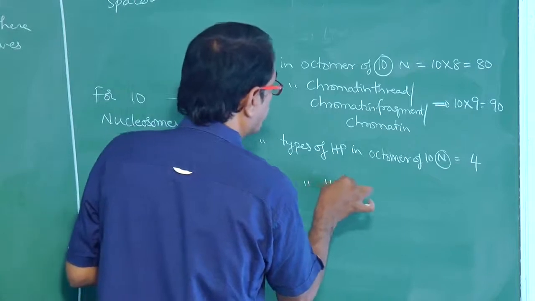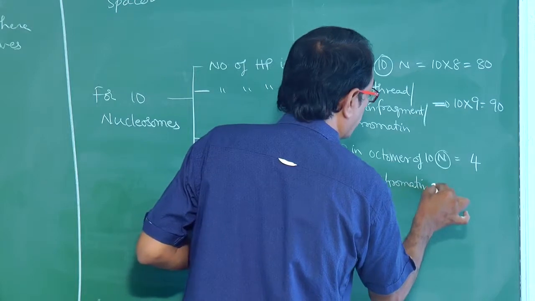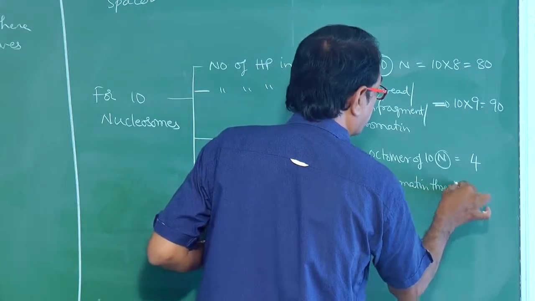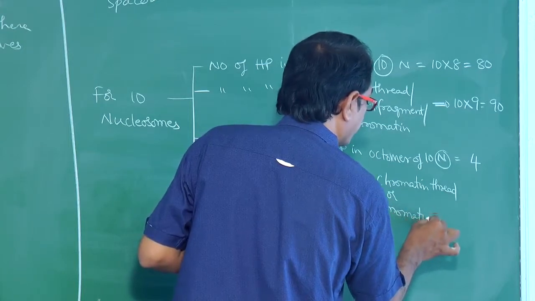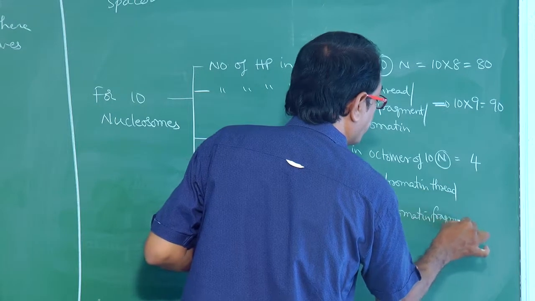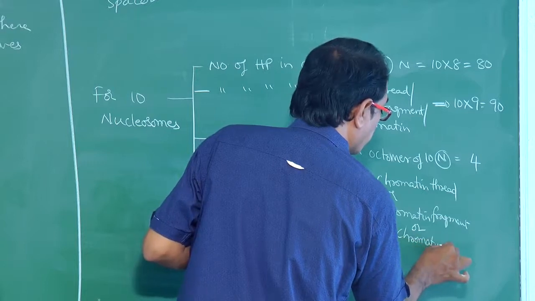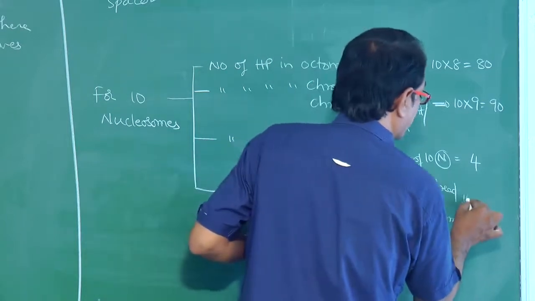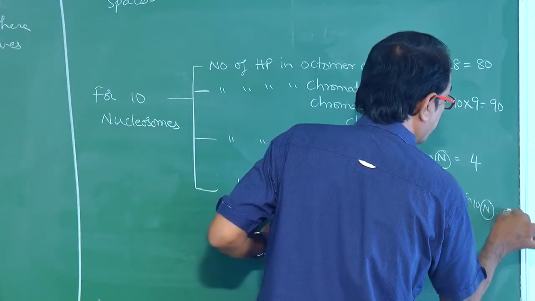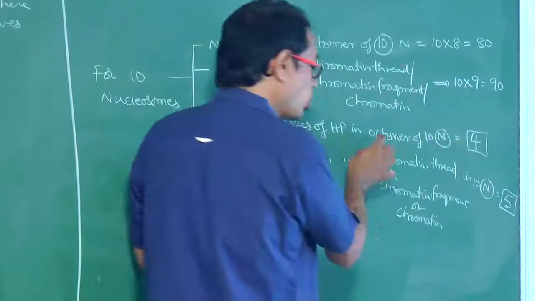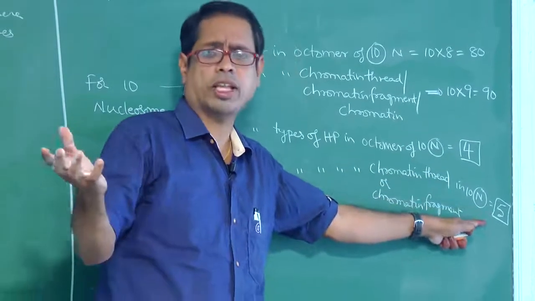Number of types of histone proteins in a chromatin thread or chromatin fragment or simply chromatin of 10 nucleosomes is 5. Octamer means we say inside; the outside one is H1.